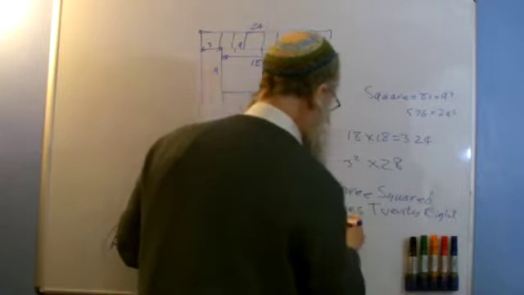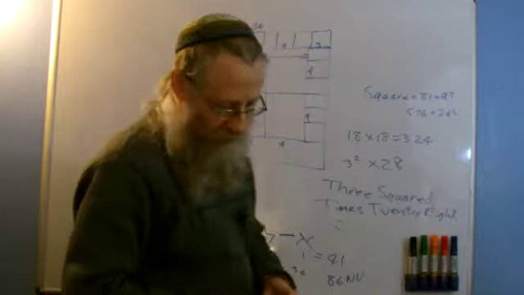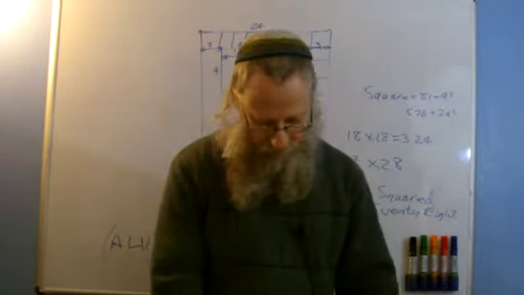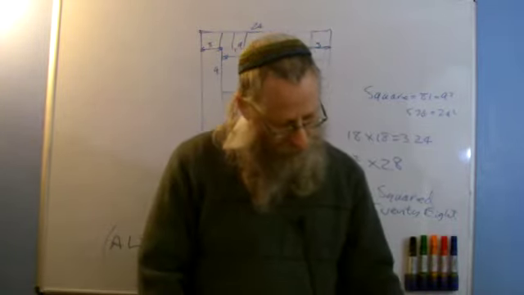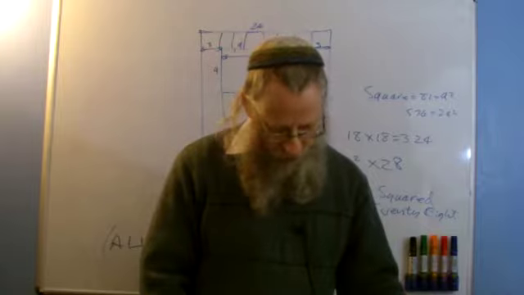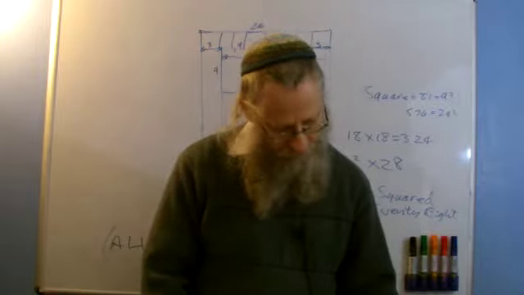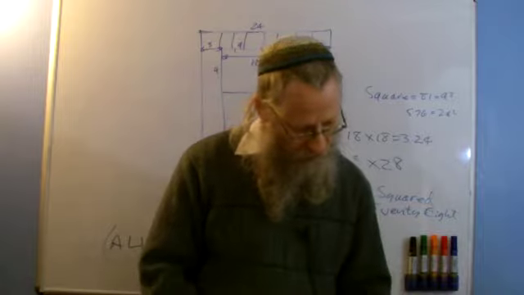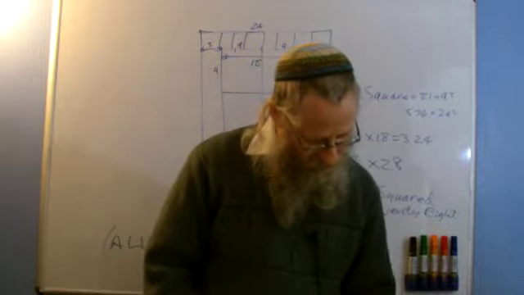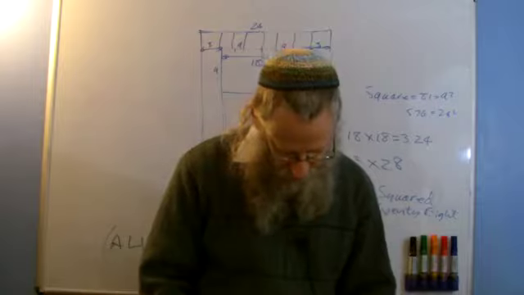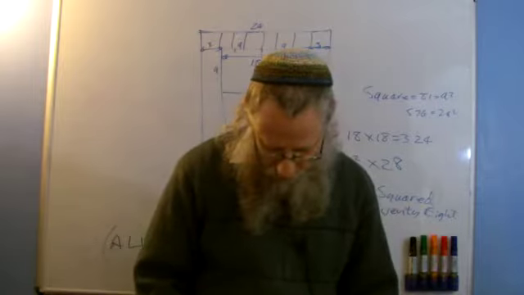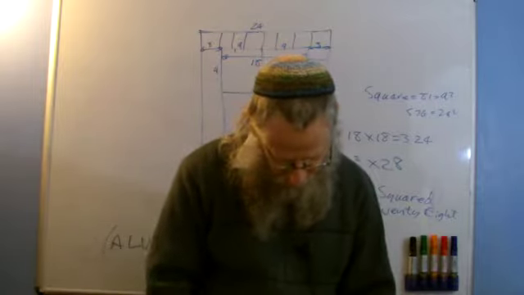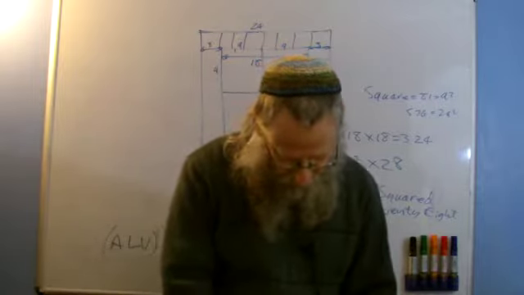So I'm going to work that out as a placement value, and I have to find it. 28 times 3 squared. I wrote it down somewhere, it's over here.